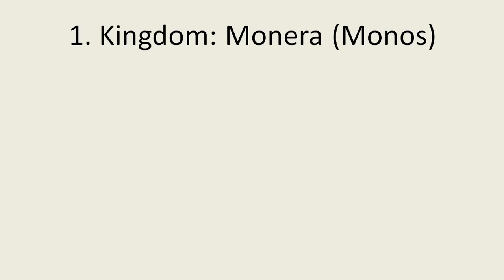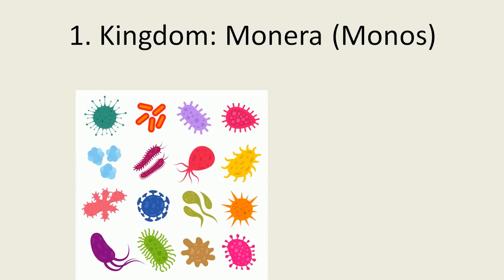Then we discuss the features of the kingdom Monera. Monera comes from the word monos, that means single. These are very small, minute organisms. This is the Monera: microscopic, single organisms. Here in the picture we observe different microscopic organisms with prokaryotic cells, and those organisms are put in the kingdom Monera.